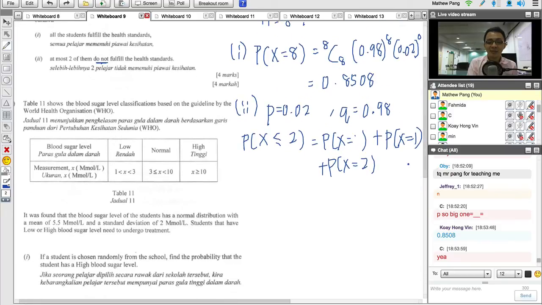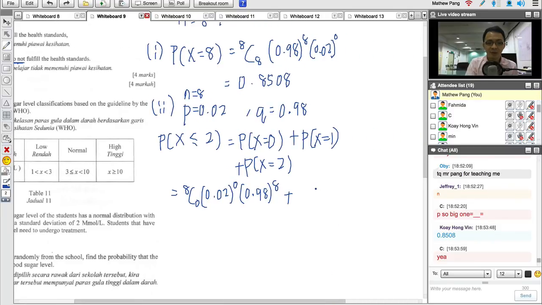Actually, you have the other method, maybe later I will show it also. Then you just substitute in. n still remains 8, so it will be 8C0, and P is 0.02 to the power of 0, and then 0.98 to the power of 8.